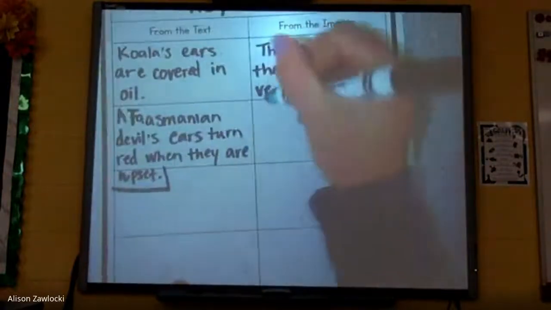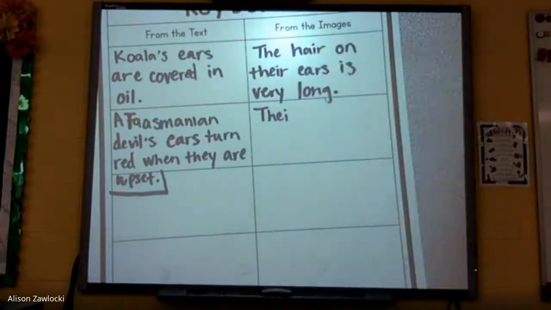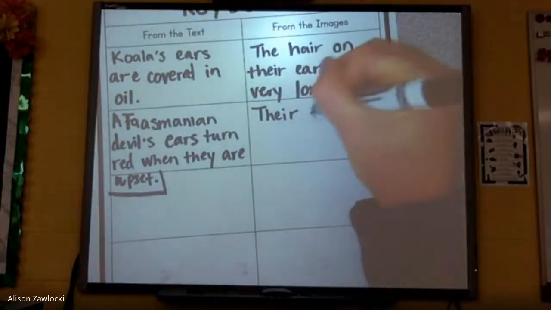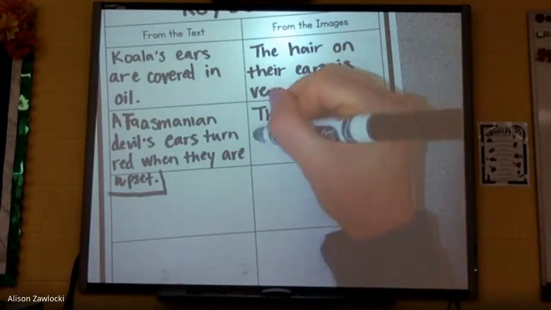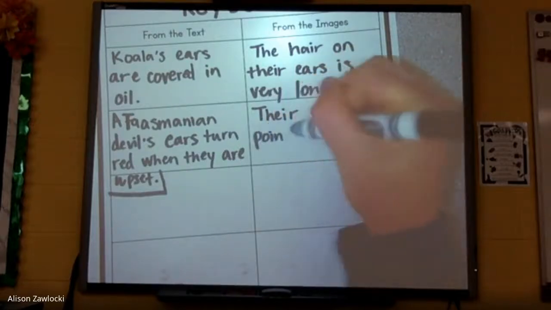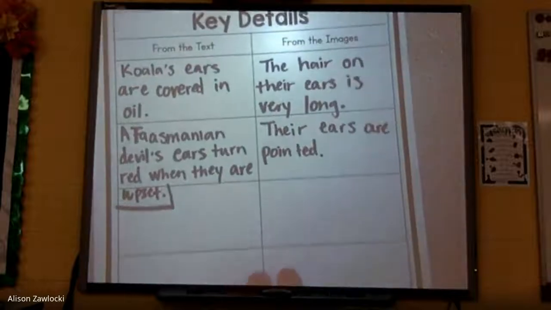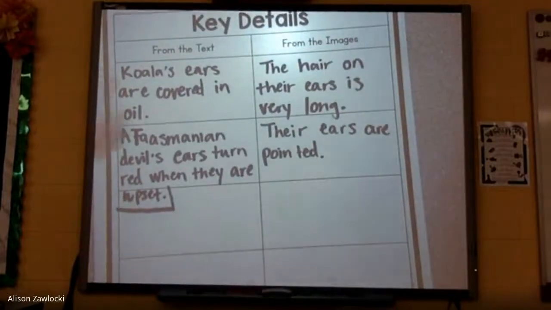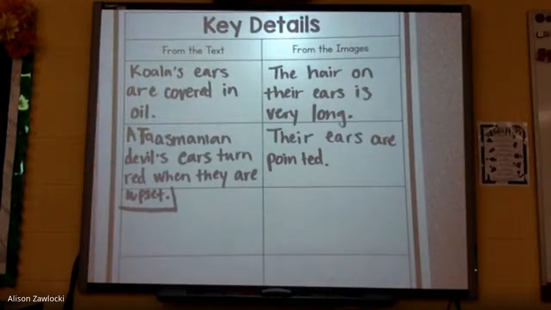Yeah, their ears are quite pointy. I can learn that by just looking at the image. Their ears are pointed.